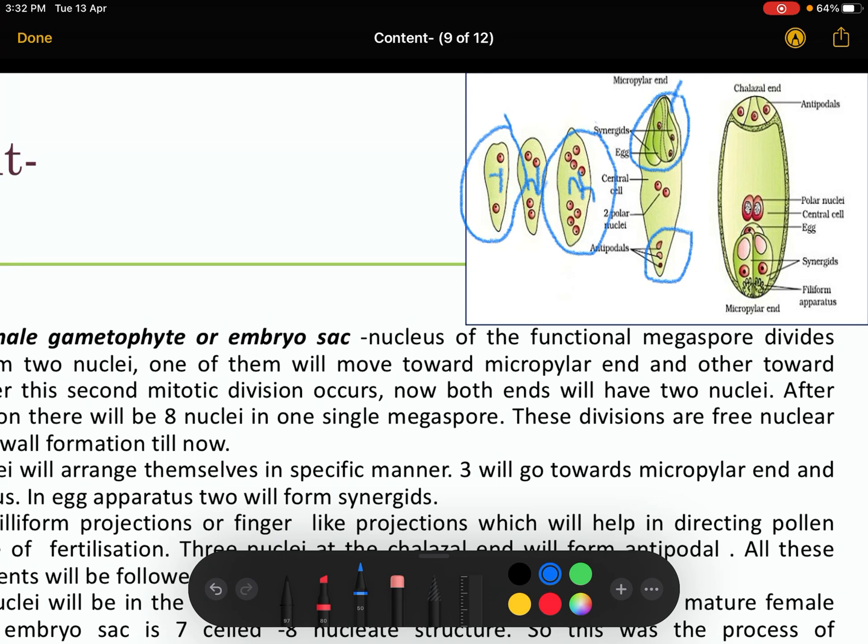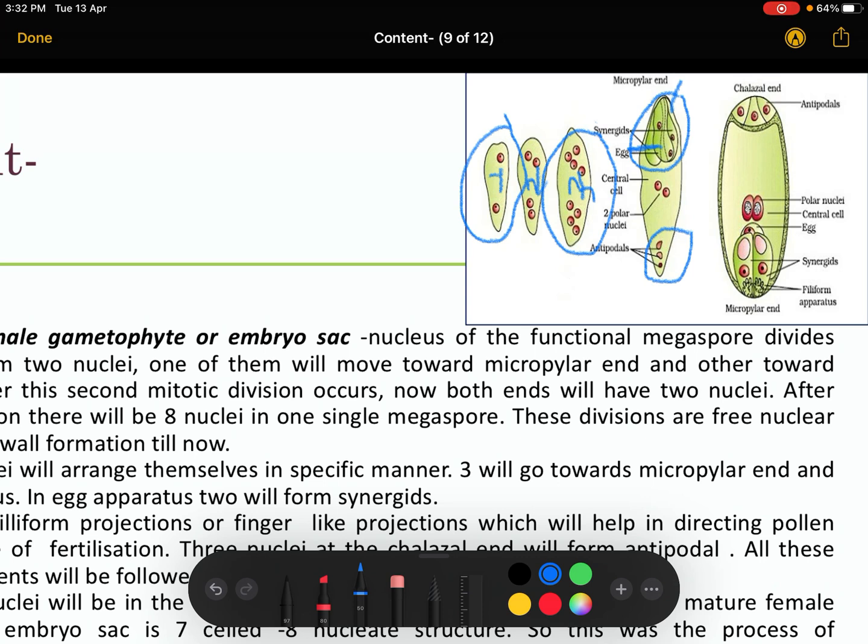Towards the micropylar end, from the 3 cells, 1 cell will behave as the egg, and this is very important. The egg is the female gamete.